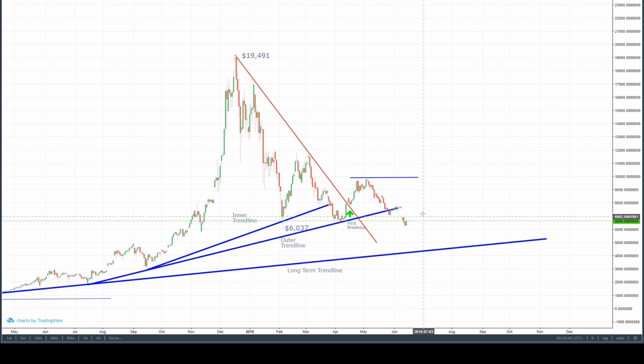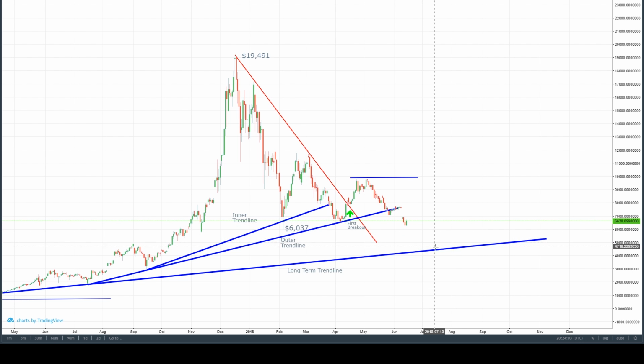I believe that it's going to take some support around 5.9 or 6,000. We've seen a bit of support here. If it holds, we can go all the way up to the outer trend line and continue back up in a very quick recovery by September.